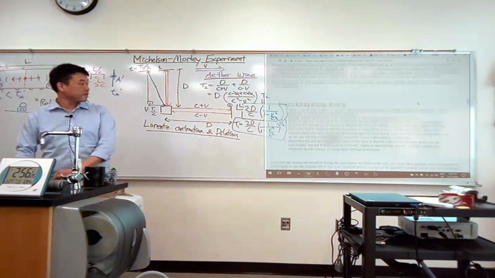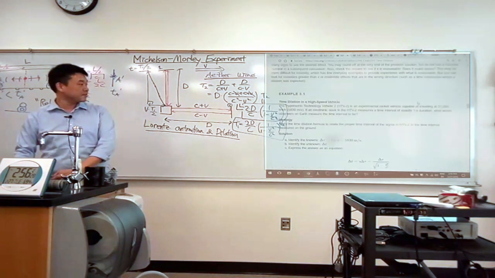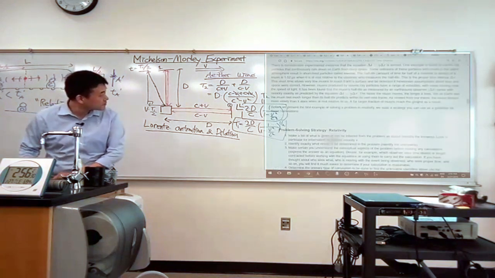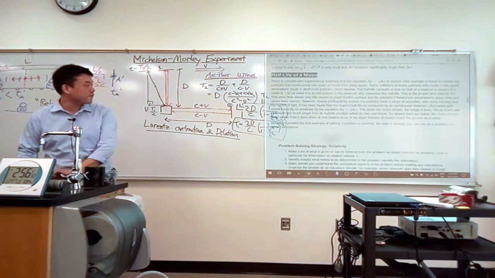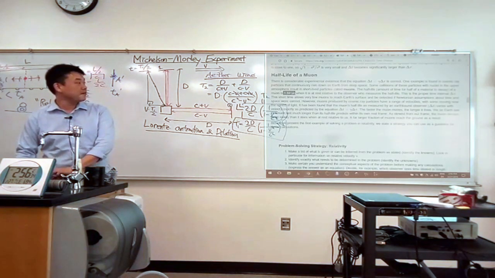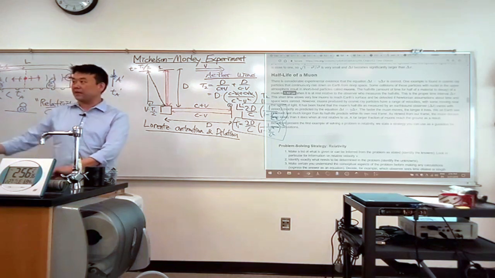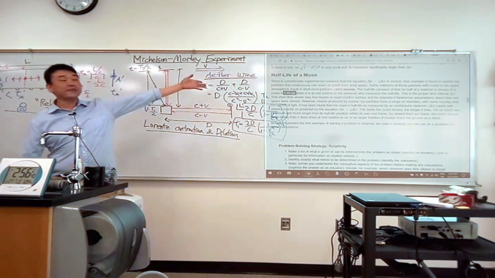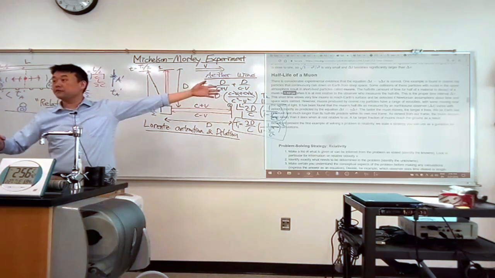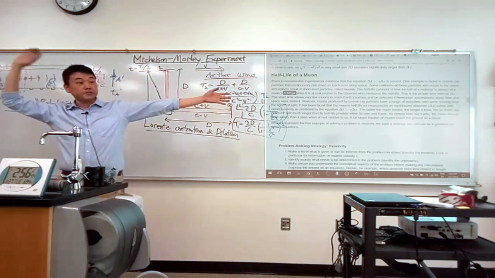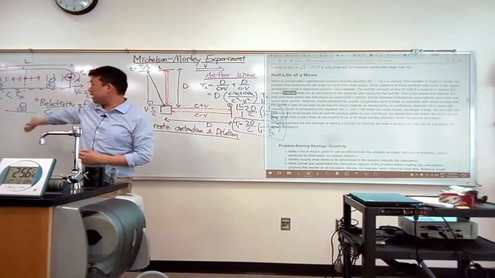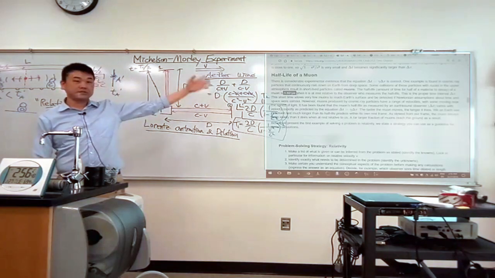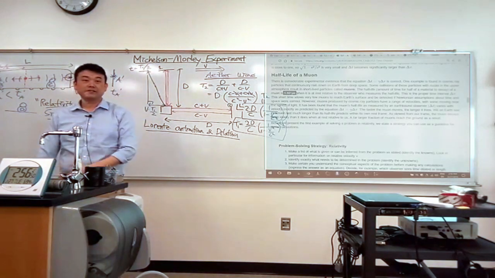It has a very short lifetime, and if you assume non-relativistic mechanics, that's not enough time for it to ever reach Earth from the upper atmosphere where it's produced. But because of time dilation, enough of them reach us to actually measure things.